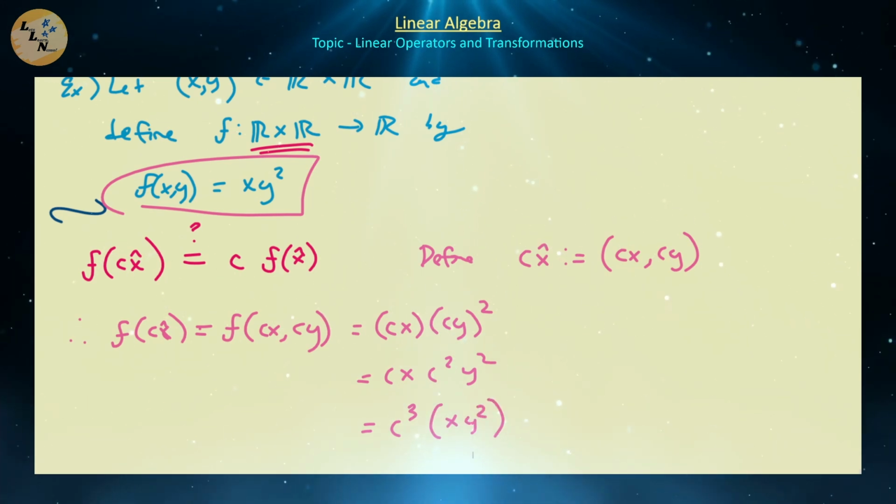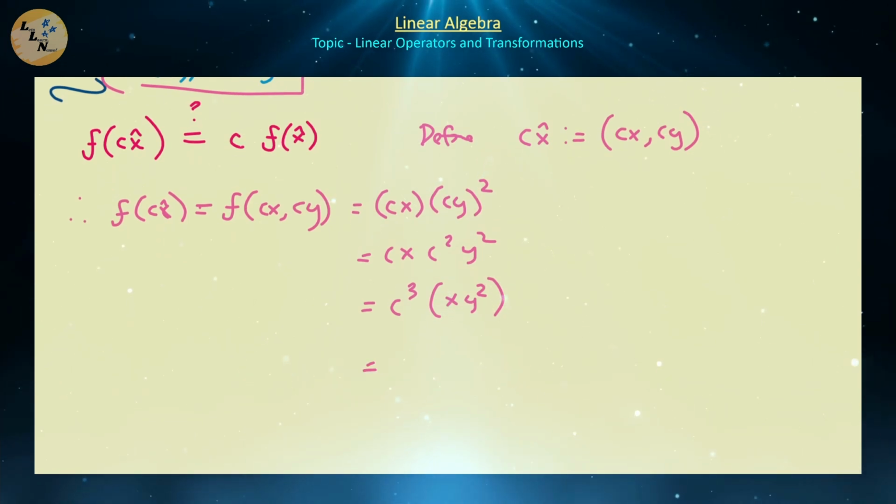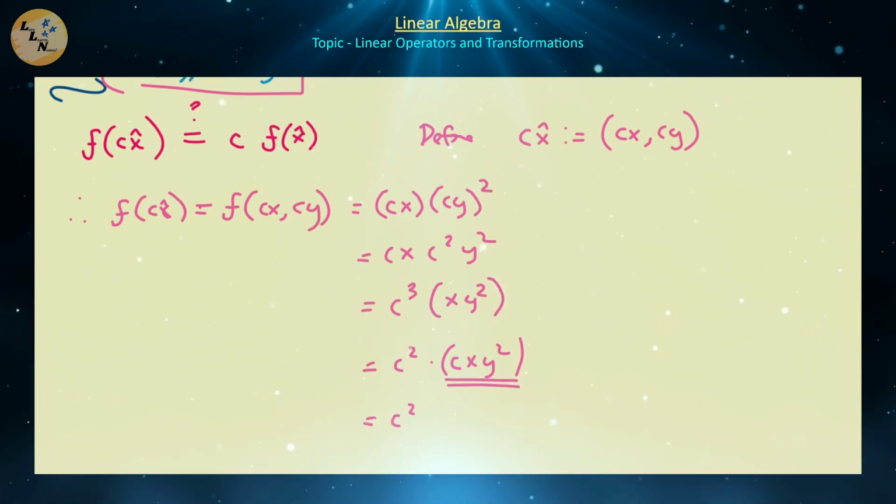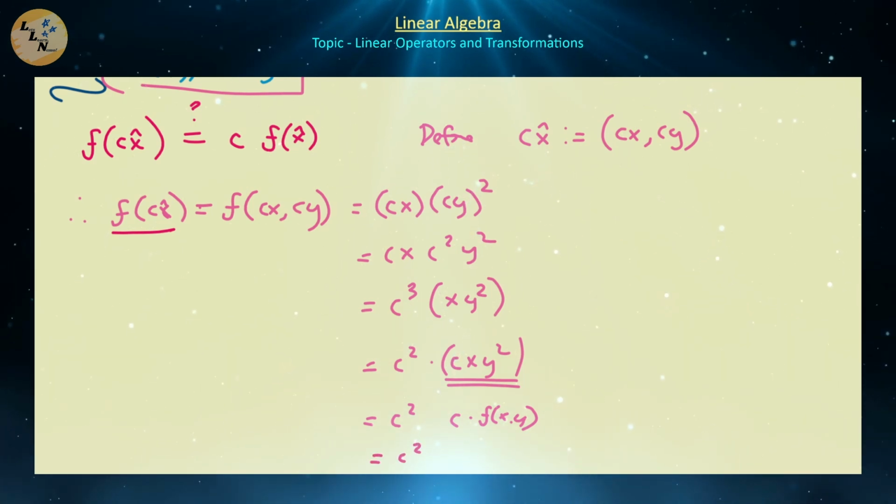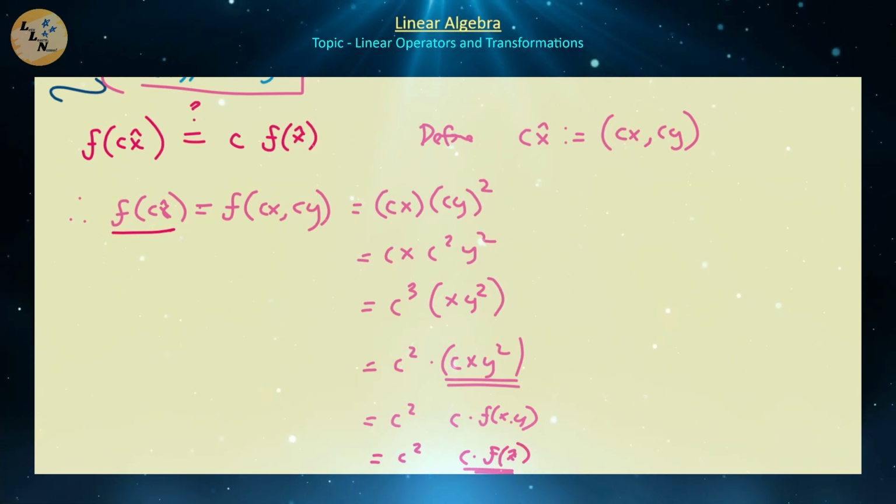I'm going to decompose this slightly. I'm going to write this as c squared times c times x y squared, because this particular thing is the definition of c times f(x, y). And we know that f(cx) must be equal to c times f(x) if this is indeed a linear operator.